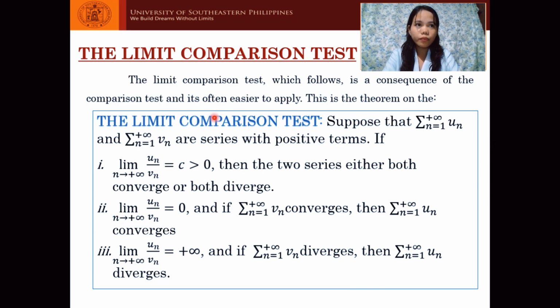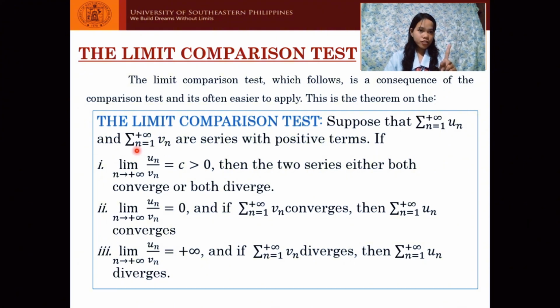Suppose that we have the summation of u sub n ranging from 1 to positive infinity, and the summation of v sub n ranging from 1 to positive infinity, are series with positive terms.